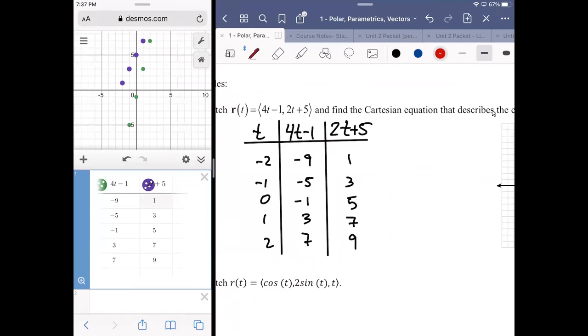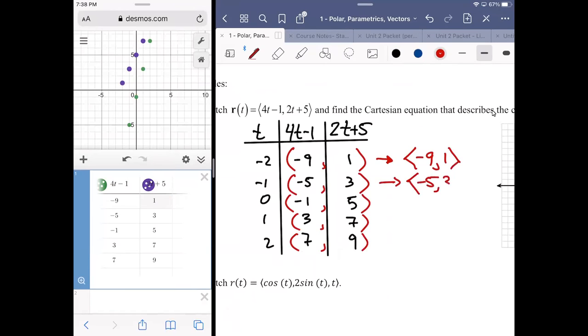So each one of these ends up being an ordered pair. All right, but it's a vector valued function. So yeah, it's an ordered pair, but I want the vector that corresponds with -9, 1. The vector that corresponds with -5, 3, and so on.